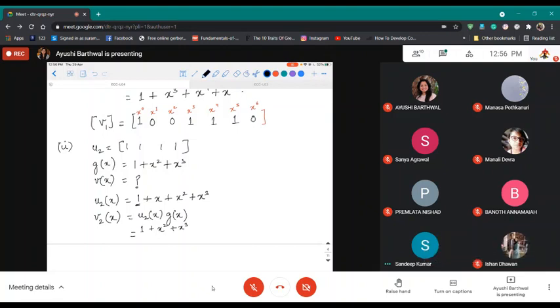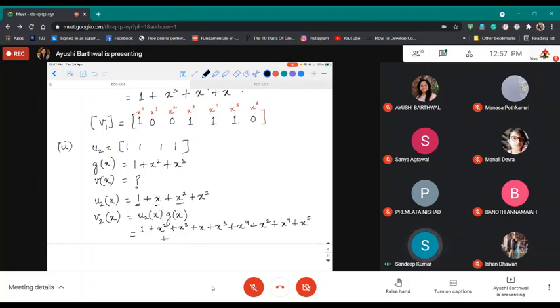Then you have to multiply x with 1 plus x square plus x cube, which gives x plus x cube plus x to the power 4. That's right. Then x square plus x to the power 4 plus x to the power 5. That's right.